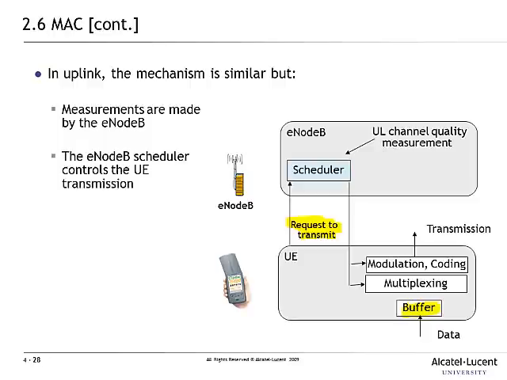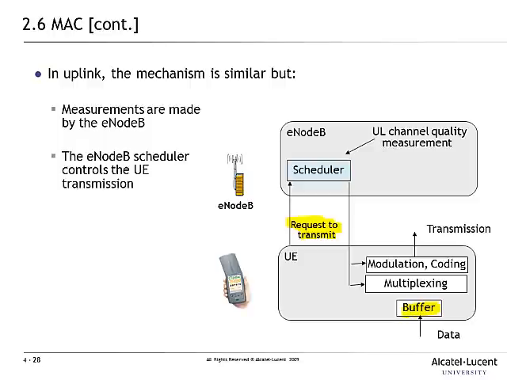So here the scheduler will get similar requests to transmit from all the UEs that are being served by the eNodeB, and it's also measuring the uplink channel quality.